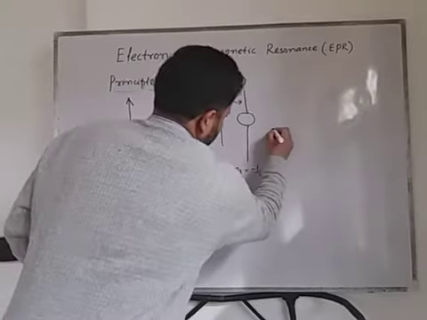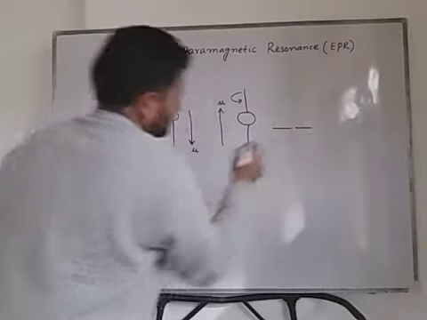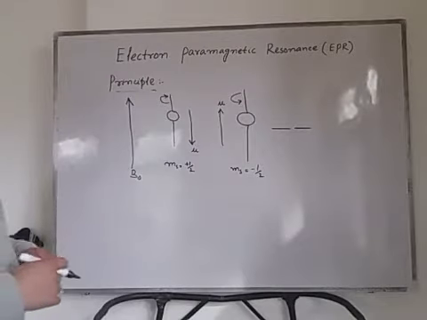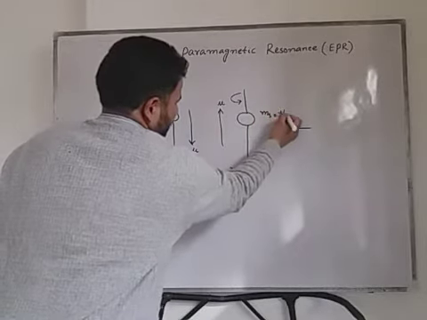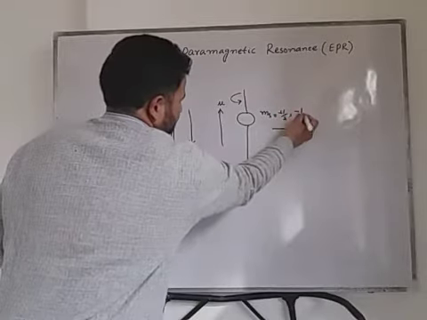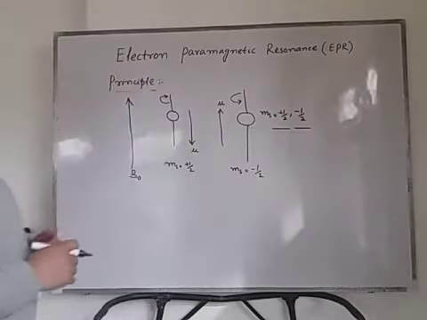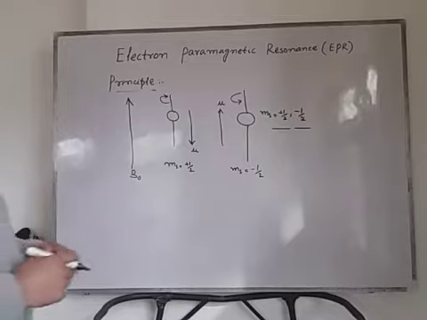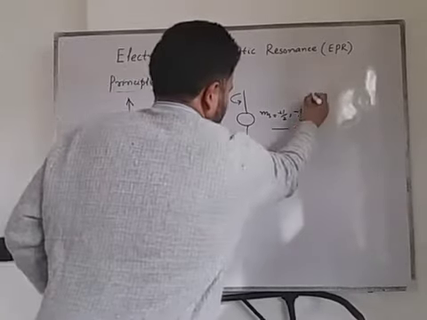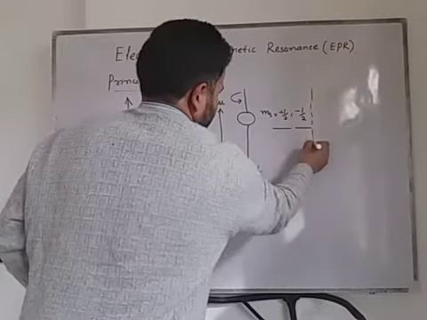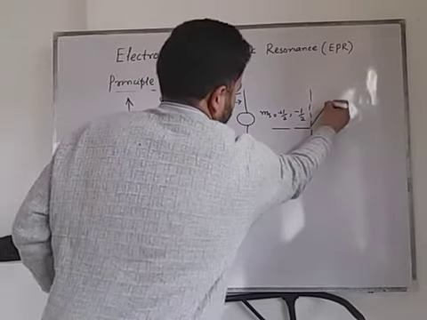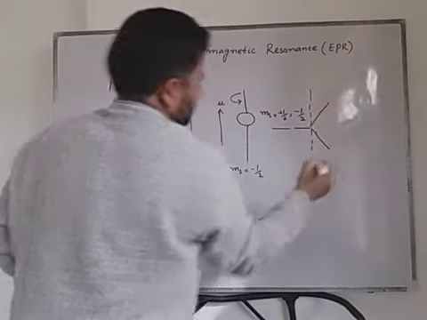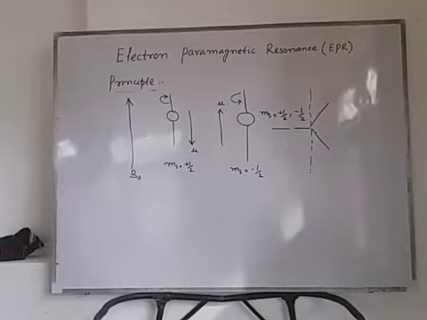Firstly, when there was no magnetic field, the two orientations were degenerate. That means ms is equal to plus 1 by 2 and ms is equal to minus 1 by 2 were degenerate. But once the field was applied, there will be splitting of the energy levels.